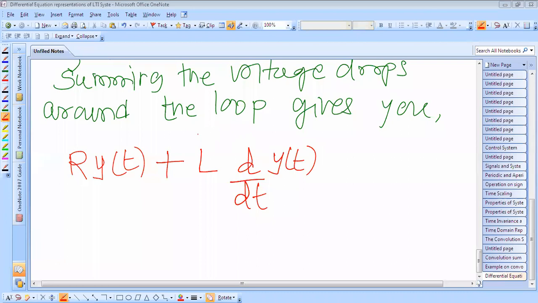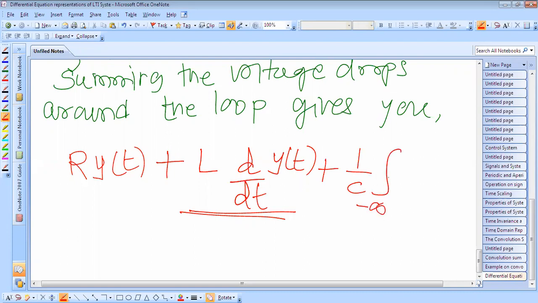This is the voltage drop across the inductor, plus the voltage drop across the capacitor, which is 1 by C times the integral from minus infinity to t of y of tau d tau. And this is equal to the input x of t. So this is the differential equation we have got.